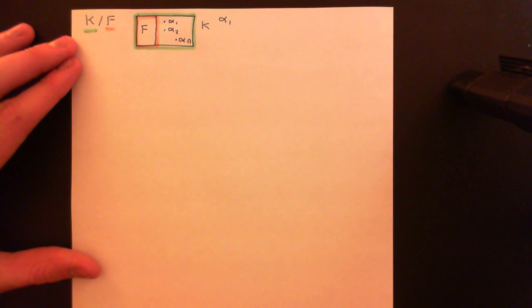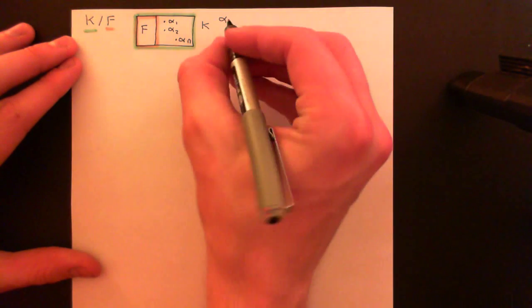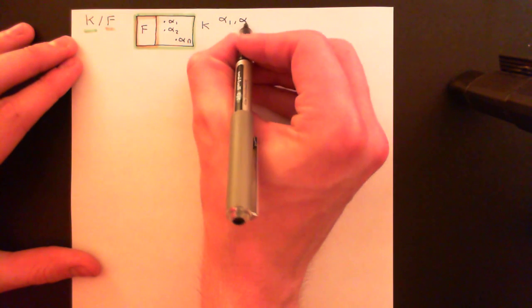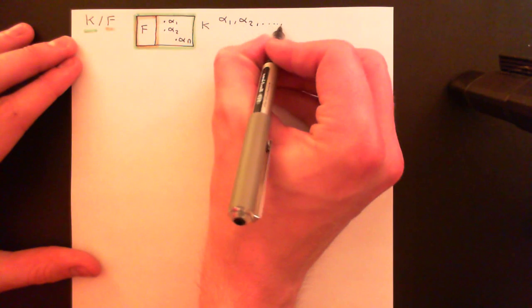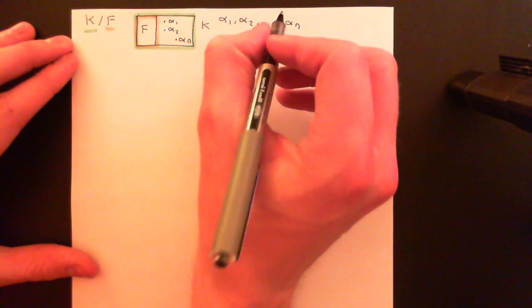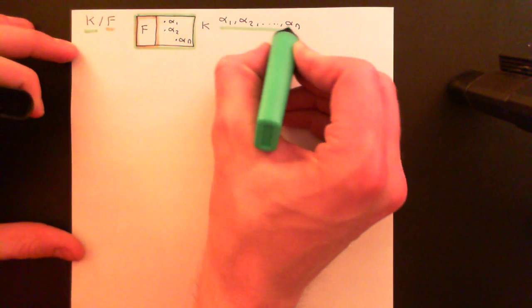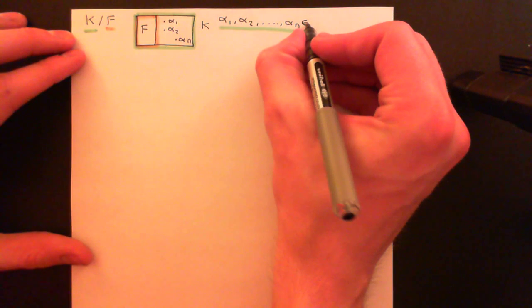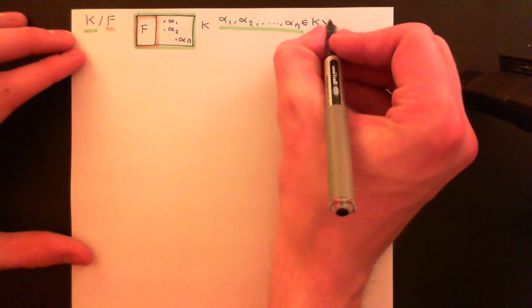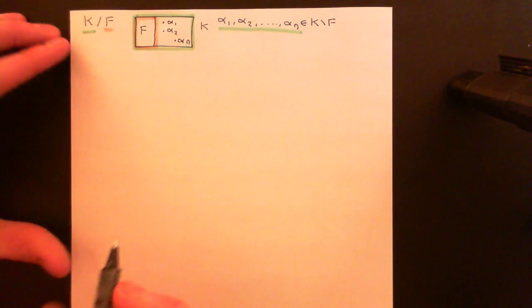This is just some other natural number, my favourite letter, and most people's favourite letter, for denoting some arbitrary natural number. So alpha 1, alpha 2, all the way up to alpha n are elements of the larger field capital K which are not in the field capital F. So they're elements of K without the field capital F.